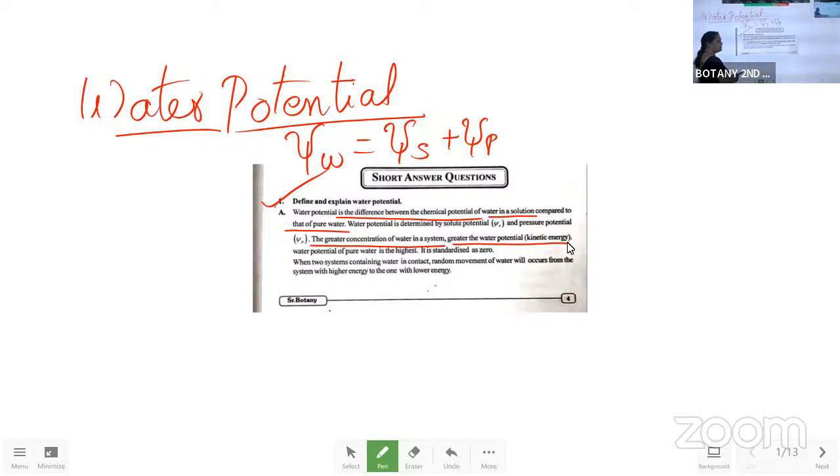Water potential means movement of the water molecules. That's the simplest way we can say it.